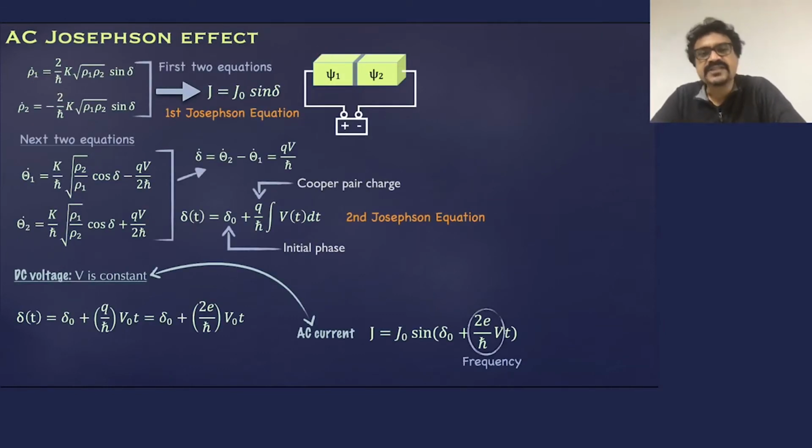So the Josephson junction, what we discussed so far, consists of two superconducting regions interfaced with a thin insulating layer in the middle, and we solve the time dependent Schrodinger equation for the system. psi1 and psi2 are the wave functions for the Cooper pair or the condensate on either side.